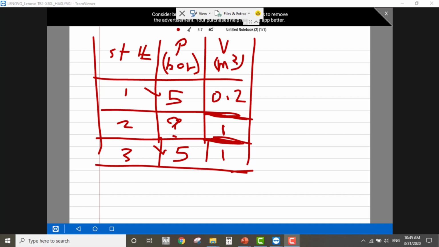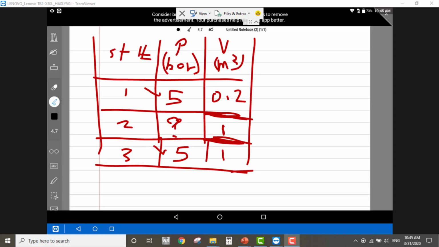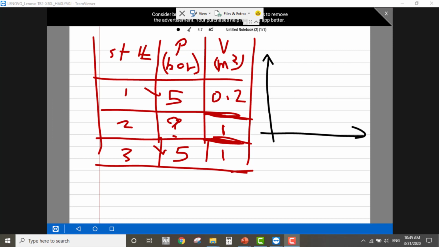And in order to draw the PV diagram, let me try to draw it for you to see whether we can draw it or not. So this is pressure in bar, and this is volume in meter cube. Now process 1 to 2, this is expansion, and V1 is 0.2, and V2 is 1.